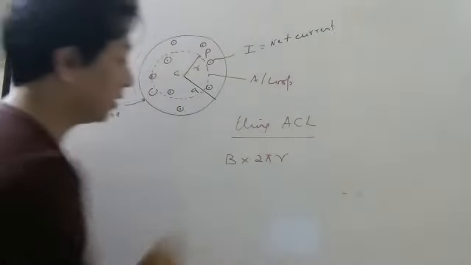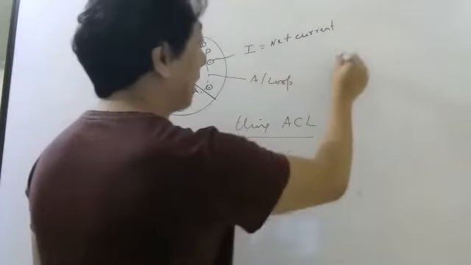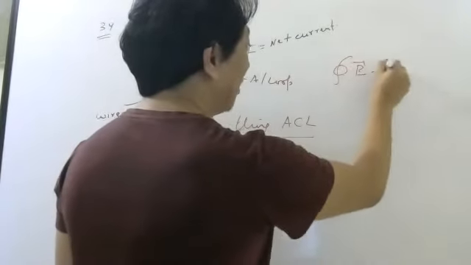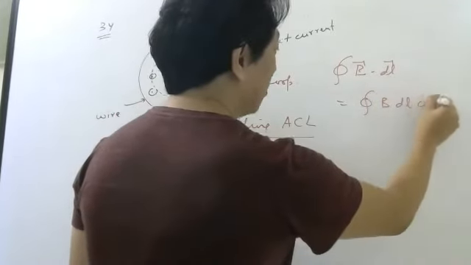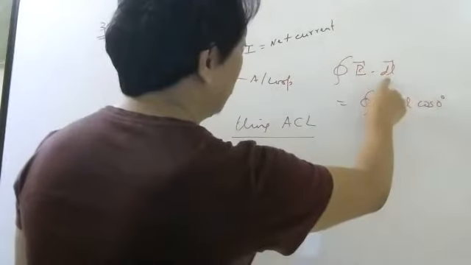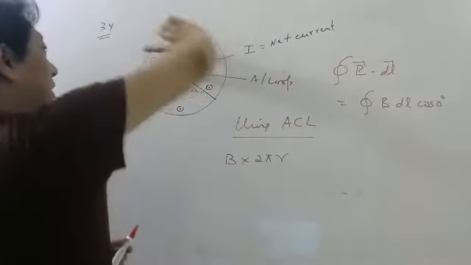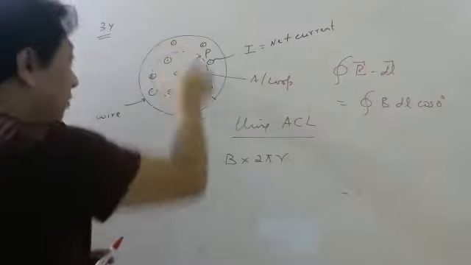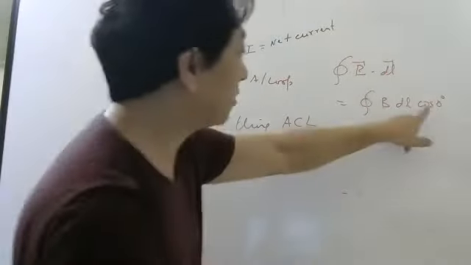I don't want you to spend time writing integral B dot dl, then integral B dl cos 0. Why cos 0? Because the magnetic field is circular and this Amperian loop is also circular, so dl will be along the tangent to the circle, and the magnetic field is also along the tangent. Everywhere the two vectors are in the same direction, so cos 0 is 1.